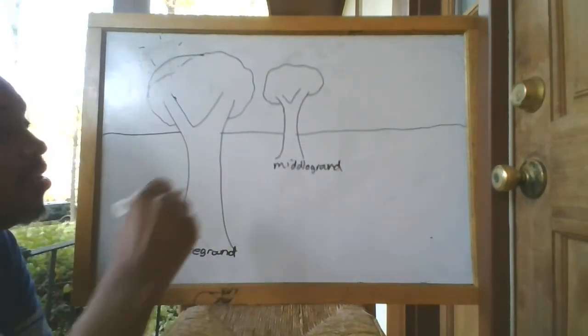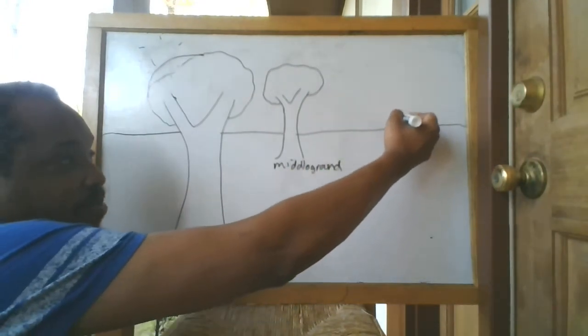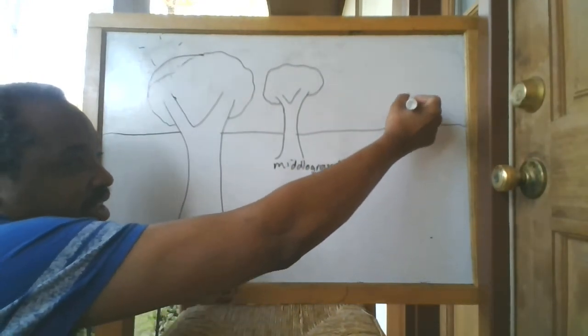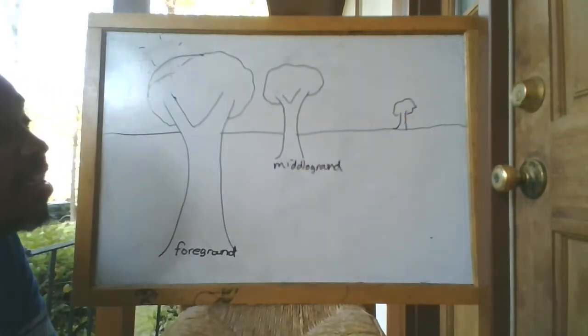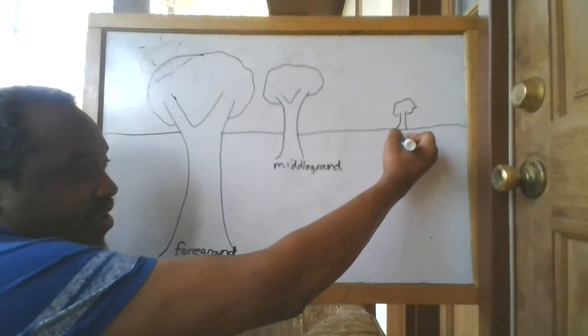And right over here is the background. The background is going to be tiny and near the top of the picture. Okay. Foreground, middle ground, background.